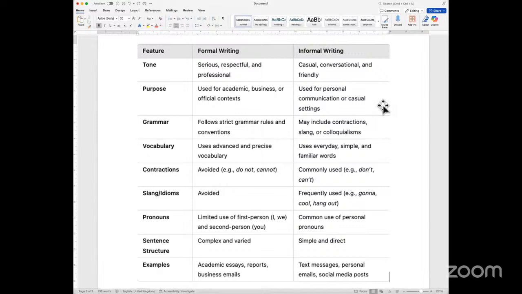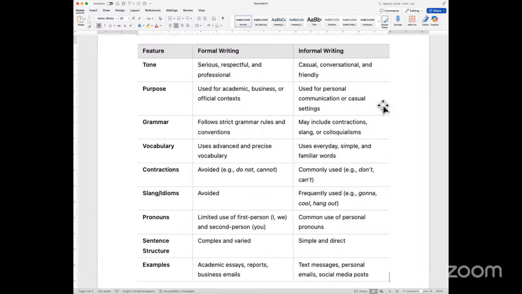For example, sometimes you write hi and somebody's name, and in other cases you will say, Dear Mr. So and so. This explains whether you're writing formally or informally.